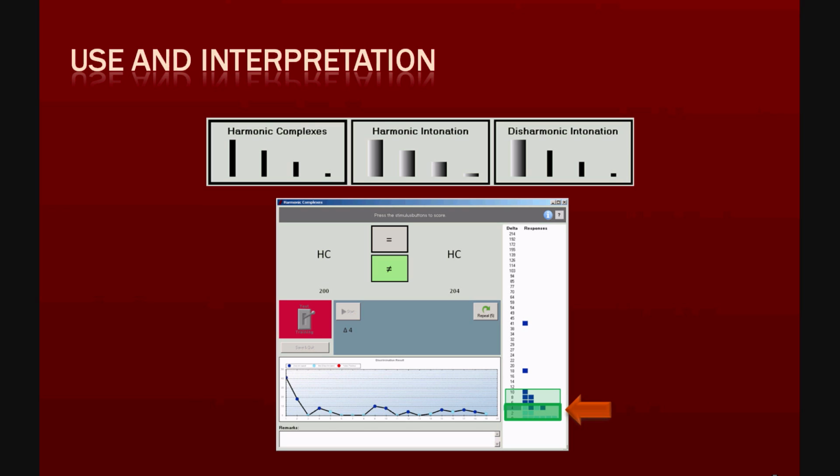This may be different in listeners with high-frequency or low-frequency sensorineural hearing loss, with hearing aids or cochlear implants. In addition, it is anticipated that within one subject, the difference between the JND with harmonic intonation and with disharmonic intonation is indicative of problems with the coding of temporal fine structure.